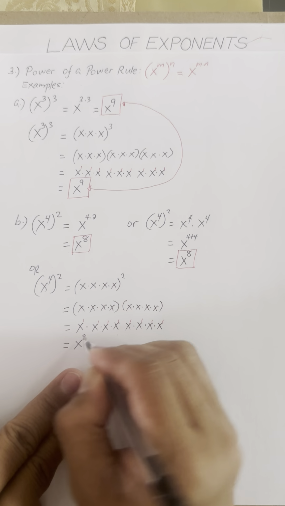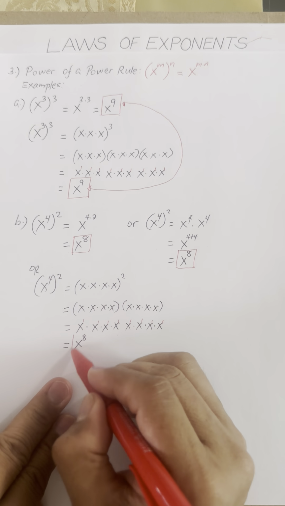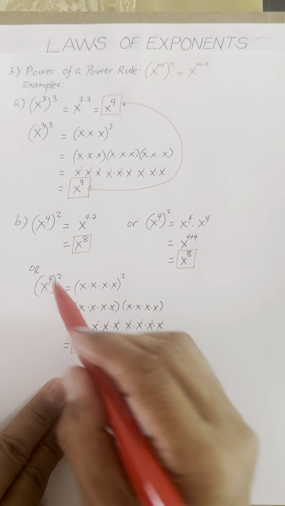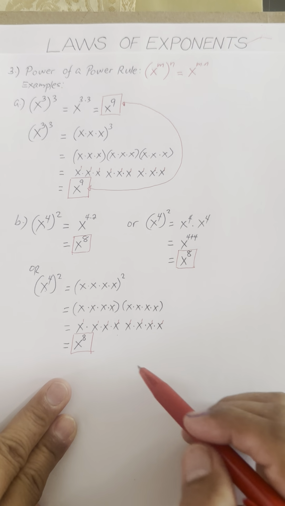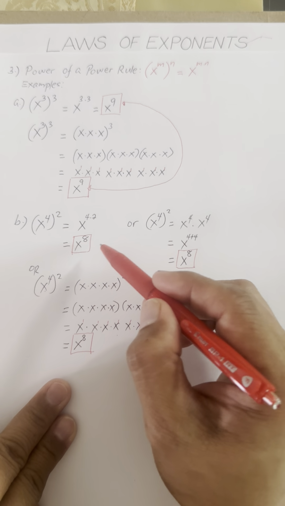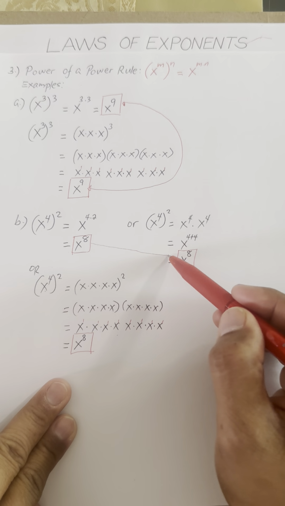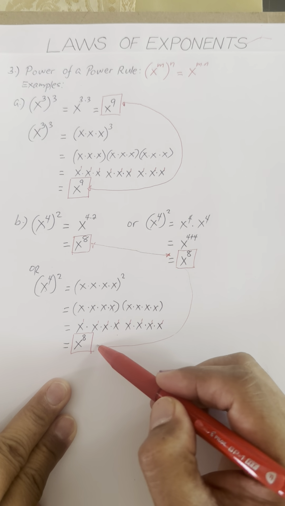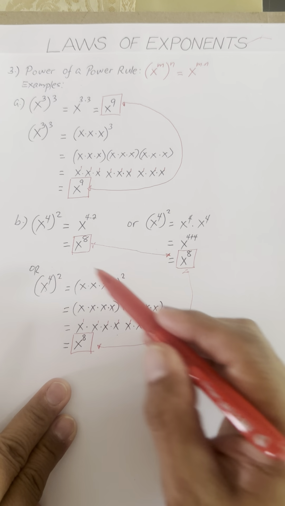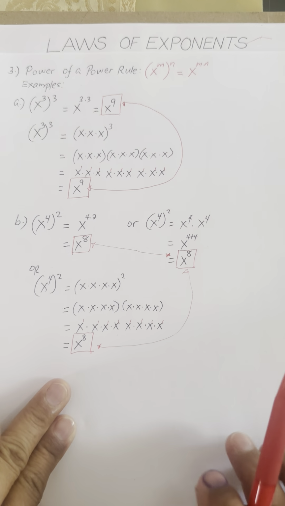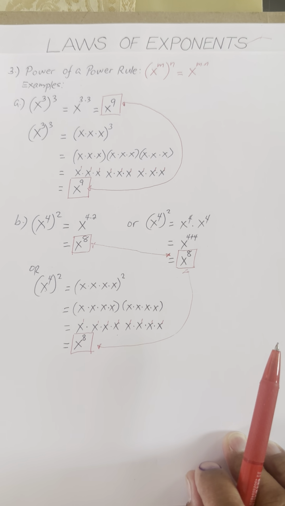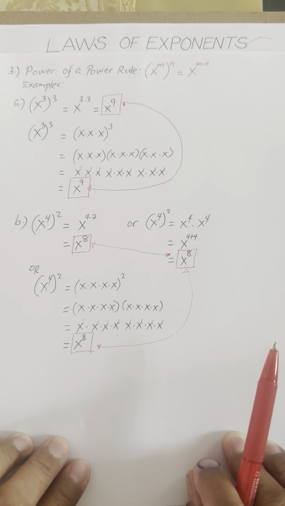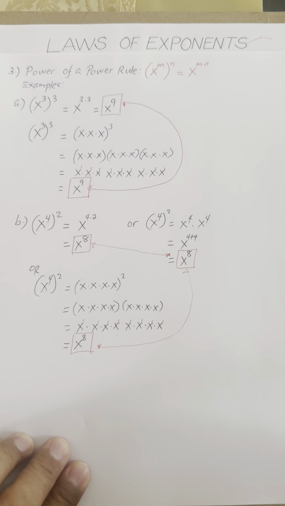So this is x to the power 8. These are the different ways on how to solve this one. If you see them, they are just the same, right? But the quickest way to solve this is to apply the law. So this is our rule number 3 of the laws of exponents, power of a power rule.